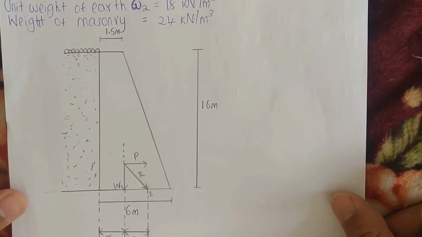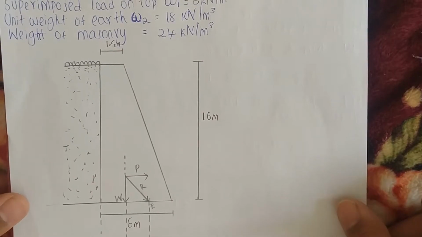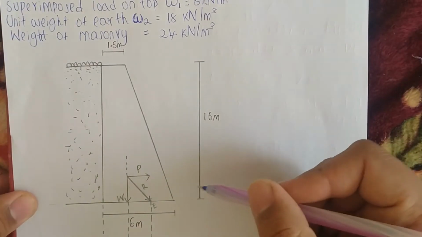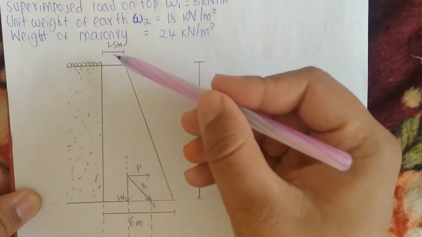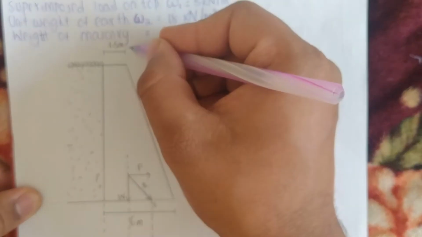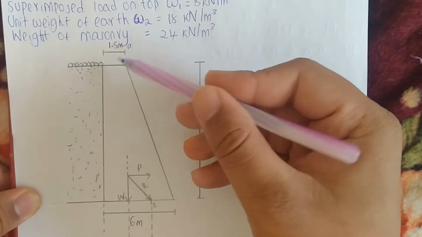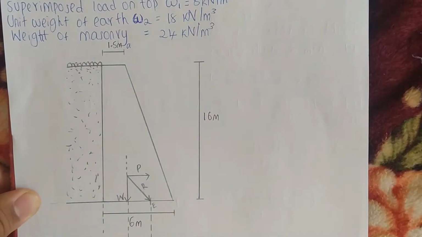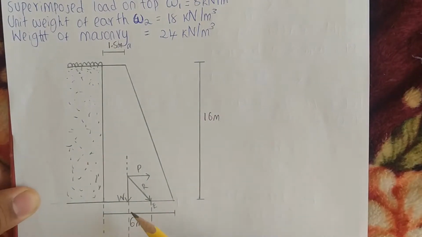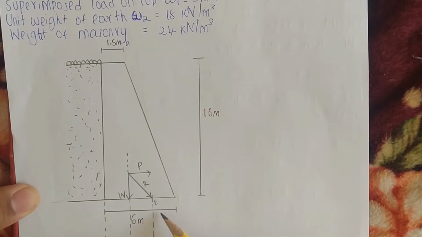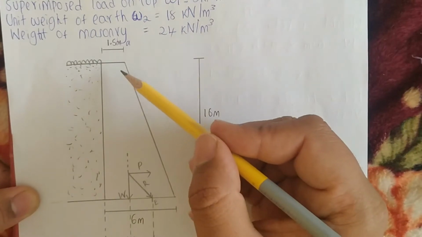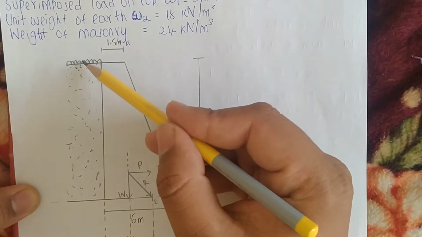So this is a simple sketch I have drawn. You can see that it has a height of 16 meters. The top width, which is A, is 1.5 meters, and then the bottom width over here is 6 meters. And then this is the superimposed load.